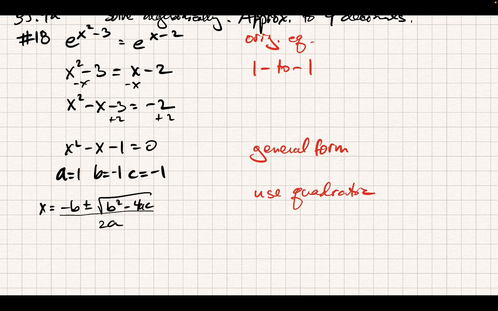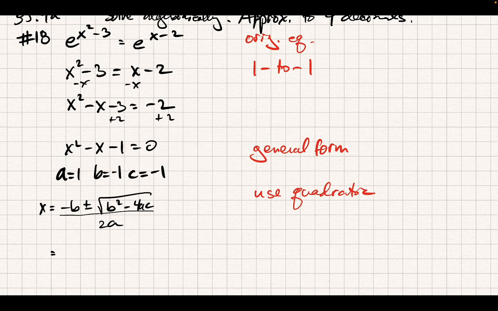So filling in for a, b, and c. What's my next step? You plug in the numbers.